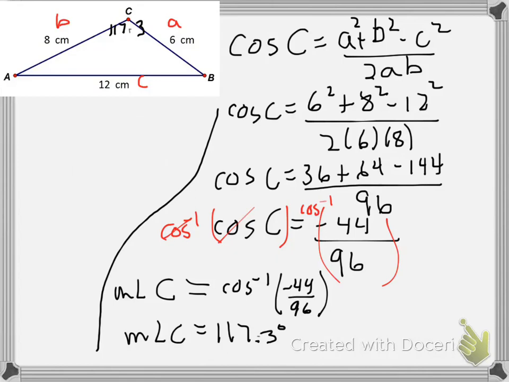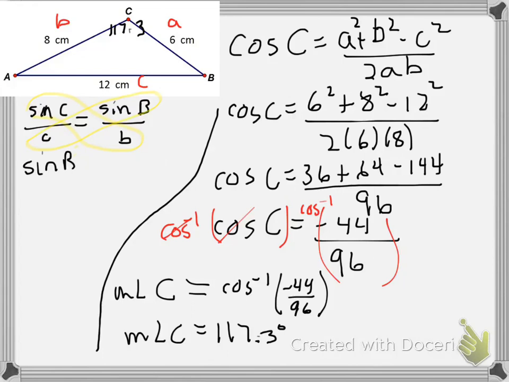Since I have C, I'm going to go sine C over c equals sine B over b. If we cross multiply and I'm trying to get B by itself, I'm going to do all the work.